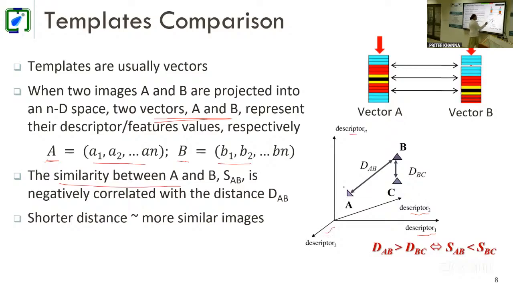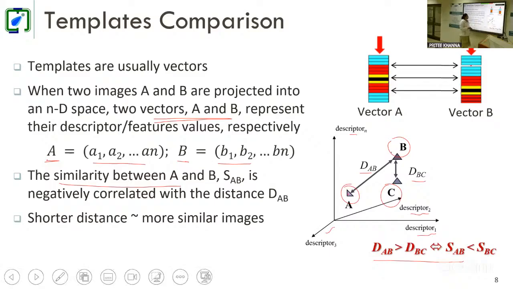This is your first descriptor, this is your second, this is your third. Now we can calculate the distance between A and B, and between B and C. Now you can say that the distance between A and B is greater than the distance between B and C, and the similarity is the reverse. So the similarity between B and C is more as compared to A. If I ask you which two are similar, B and C are similar. B is not that similar to A.